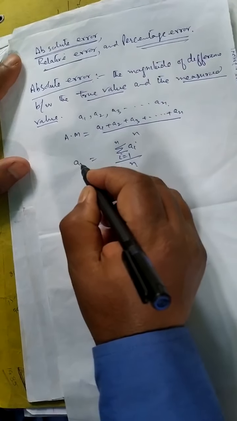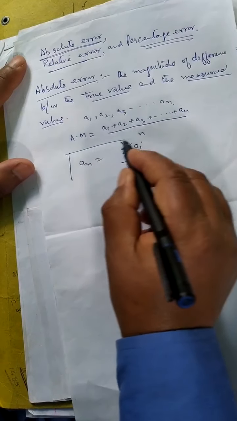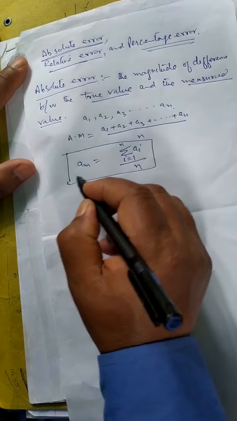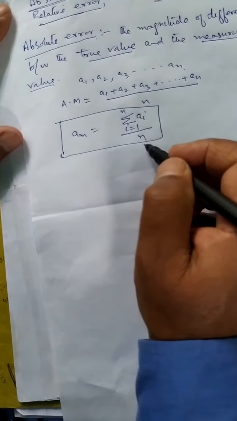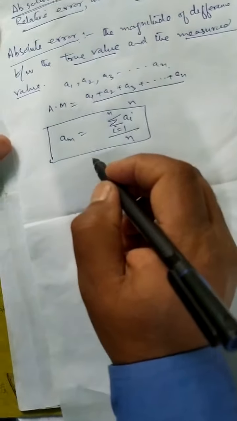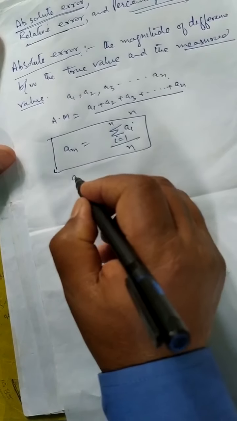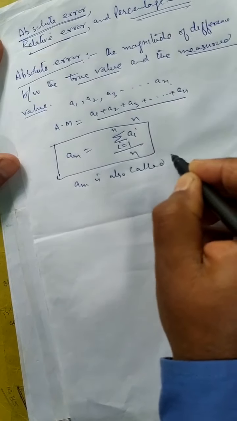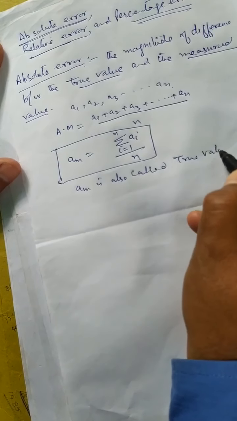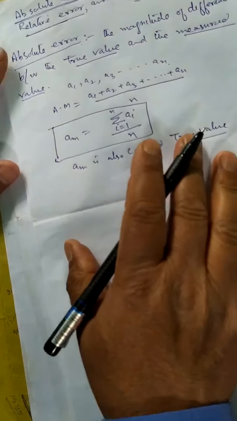Arithmetic mean हम denote करते हैं AM, and AM is also called true value.